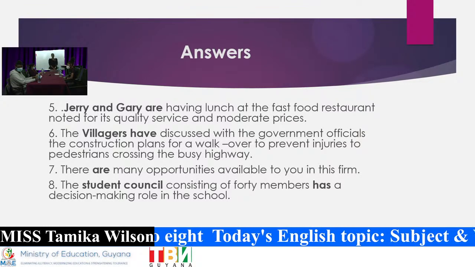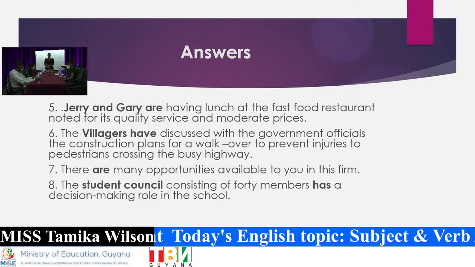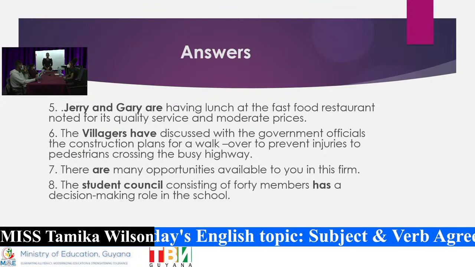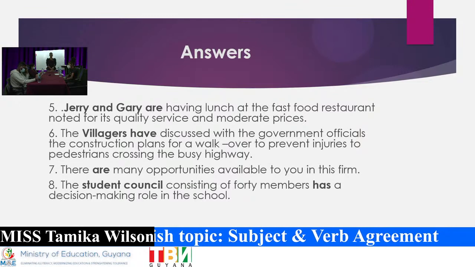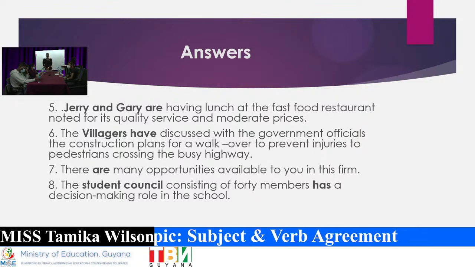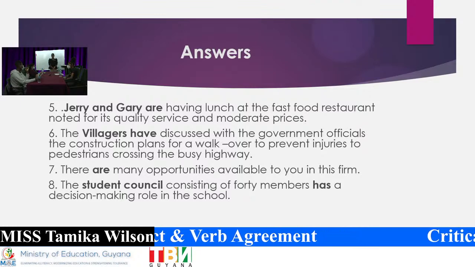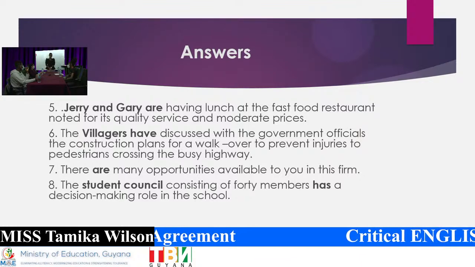The student council. I'm hoping that we all can get this one right. The student council, consisting of 40 members, has or have decision-making role in the school? Akila, what do you have? Has.